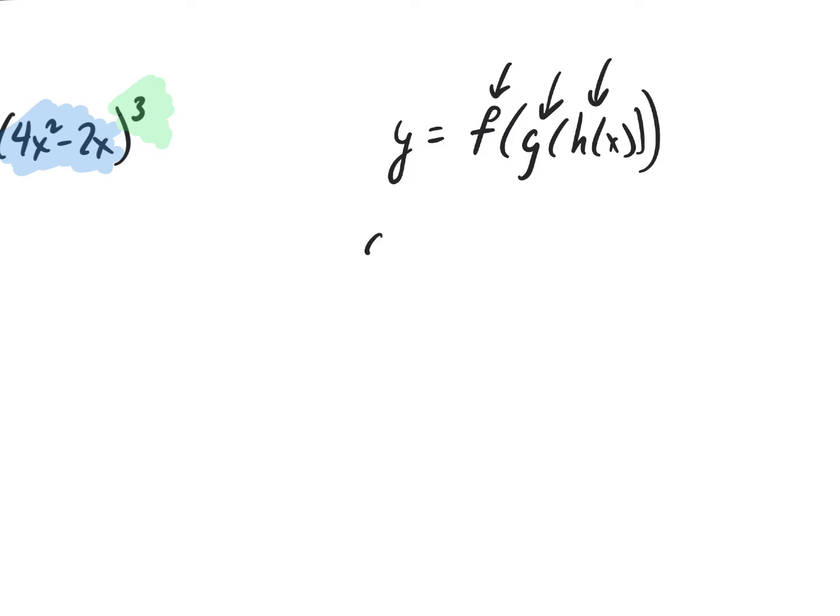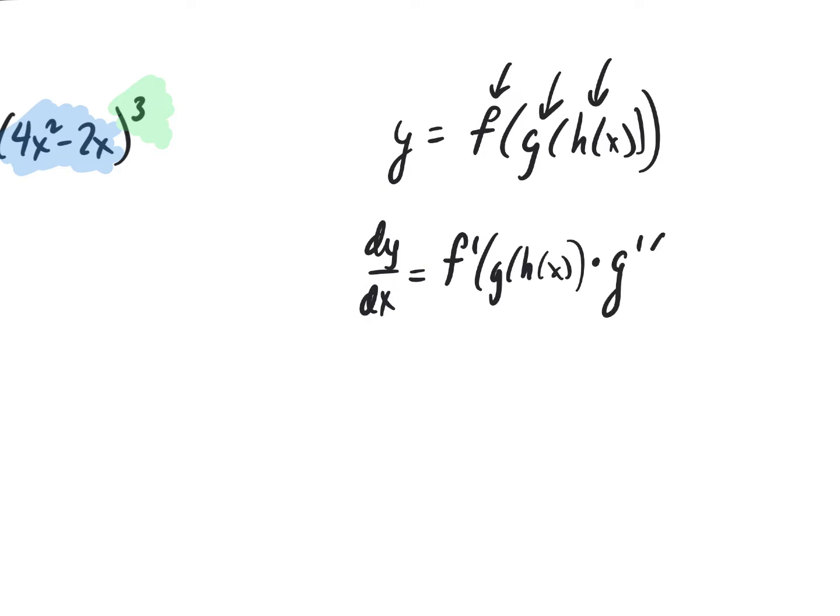Then the derivative is going to be, we start on the outside and work ourselves to the inside, the derivative of the outside function, leaving the middle and inside alone, times the derivative of the middle function, leaving the inside alone, times the derivative of the inside function.